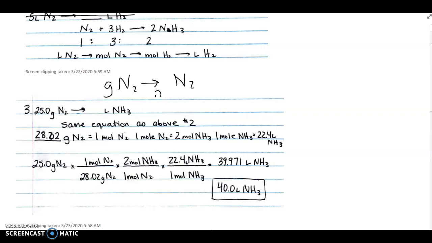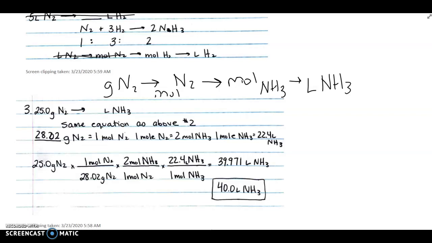This is moles of N2 yields moles of NH3 to liters of NH3.